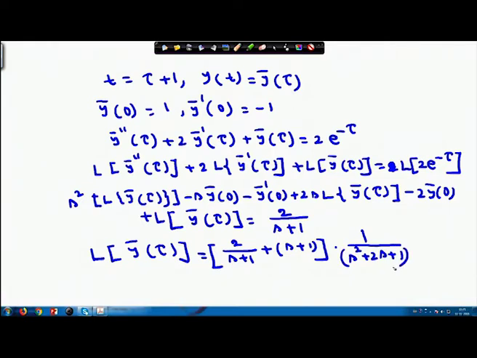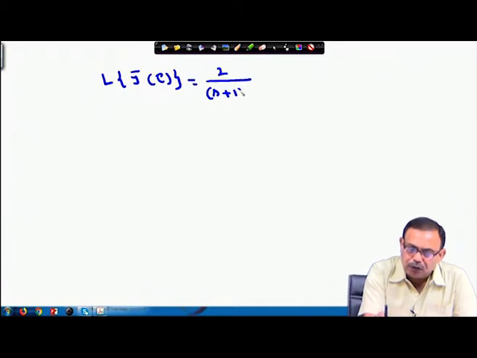You will obtain this thing, Laplace transform of y bar tau. So if I simplify this, I will obtain Laplace transform of y bar tau equals 2 by s plus 1 whole cube plus 1 by s plus 1.